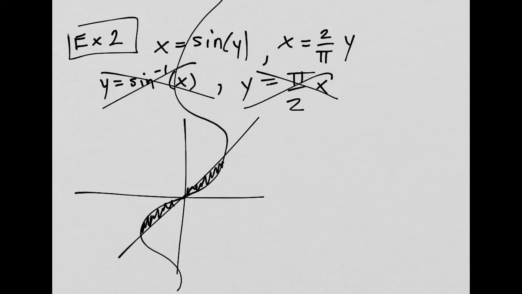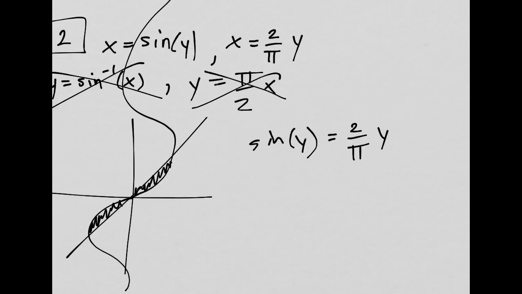So we can integrate. I would set these two equal: sine of y equals 2 over pi y. And then I would guess a point of intersection. If you plug in y equals... oh wait a minute, it's not 1 anymore.